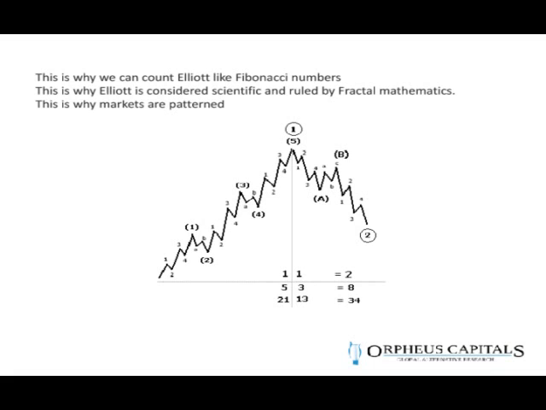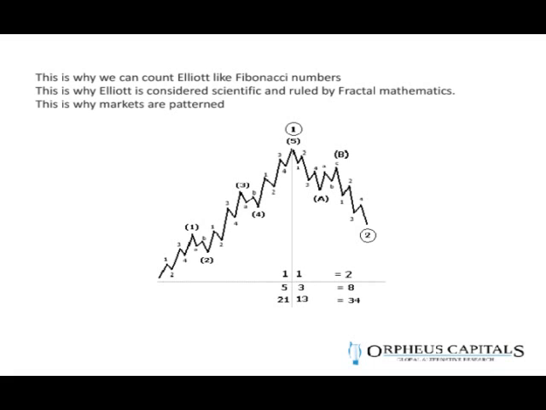So the one circle is divided into five smaller legs, and then those five smaller legs are further subdivided into 21 legs. So the number of legs are countable, and the number of legs are in Fibonacci numbers. The first leg is 1 and 1, which again is a Fibonacci number. If you join them, they are equal to 2, which is again a Fibonacci number.